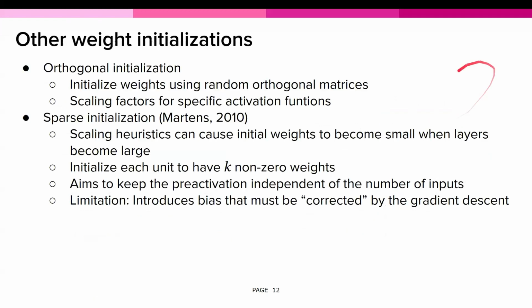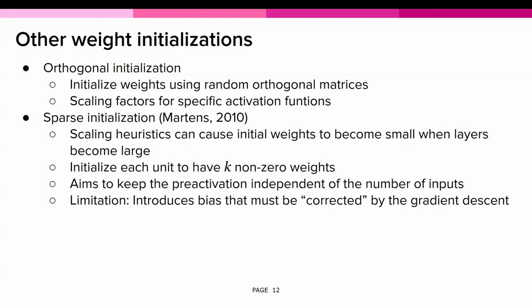Xavier initialization isn't the only game in town. It's one of many initialization strategies. I'd like to mention a couple that focus on different characteristics of the parameters than just the scale of the distribution from which they were drawn. For example, some initialization methods involve setting the weights as random orthogonal matrices. This is often paired with a carefully chosen scaling factor or gain to account for the nonlinearity applied at each layer.